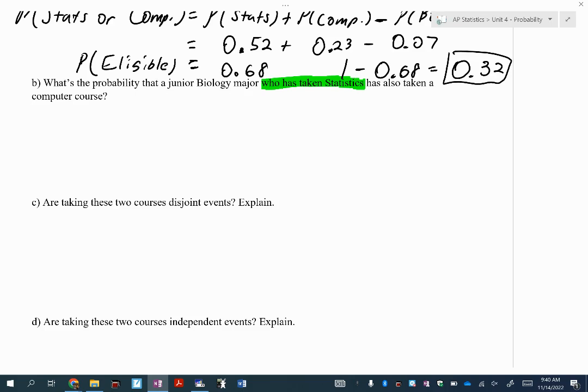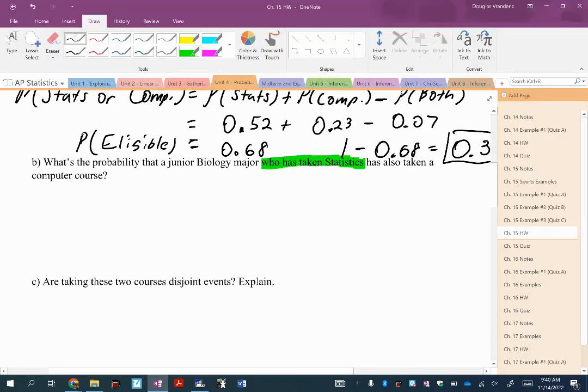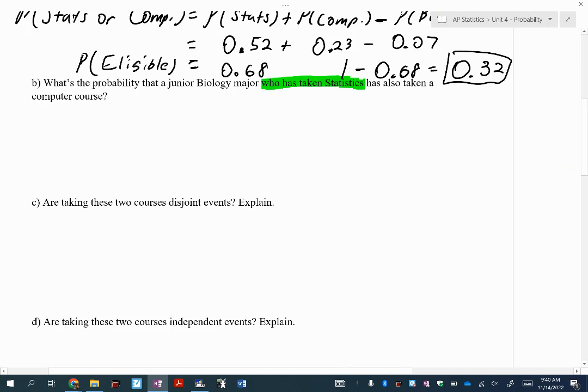Maybe it's whispering right now. In a few weeks, hopefully it's shouting. This is a conditional probability. It's the given, yeah. So conditional. The given is the statistic. Exactly. So I'm going to find the probability that they're going to take a computer course given they've already taken stats.